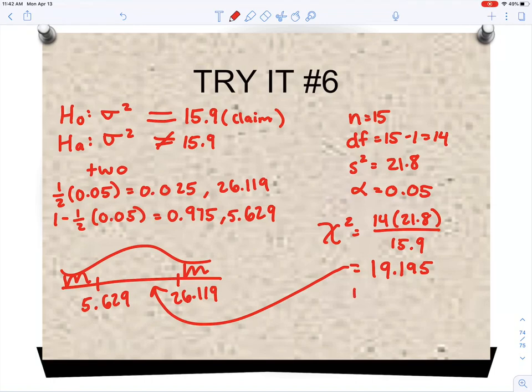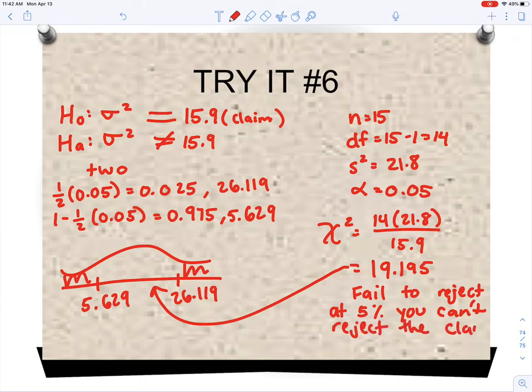So I would say fail to reject. And I could say at 5%, you can't reject the claim. And leave it at that.